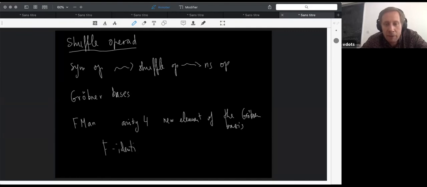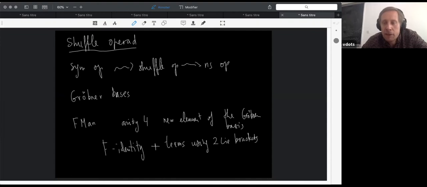It looks like the compatibility between the Lie bracket and the commutative product, plus terms using two Lie brackets.